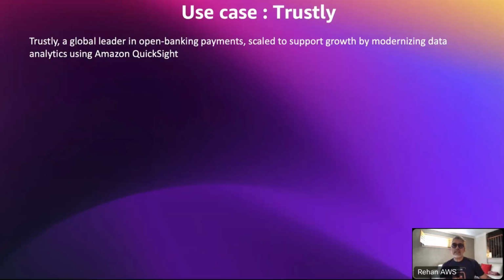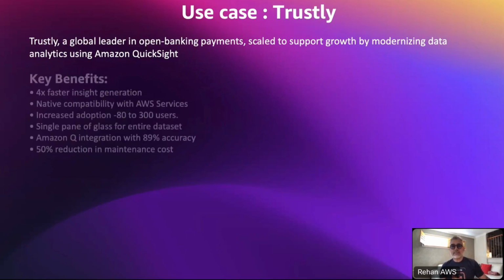Like Best Western, Trustly is another one of our customers of QuickSight, and they are a global leader in open banking payments. They scale to support growth by modernizing data analytics using Amazon QuickSight.